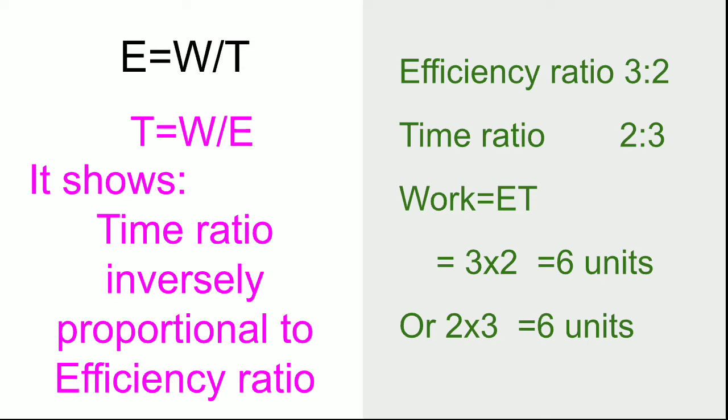Based on this, work equals efficiency into time. So 3 units of efficiency and 2 units of time, multiplied together, give 6 units of work. Similarly, 2 units of efficiency into 3 units of time gives 6 units of work.